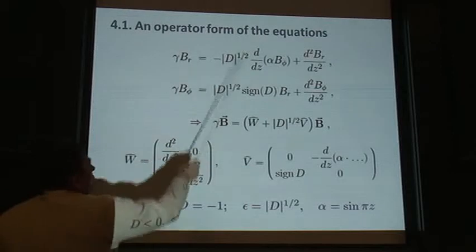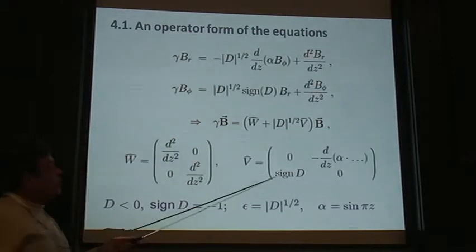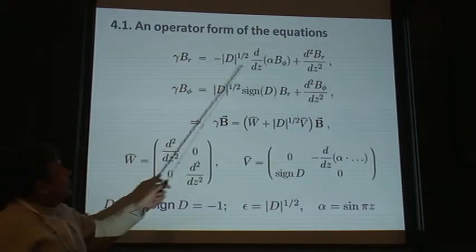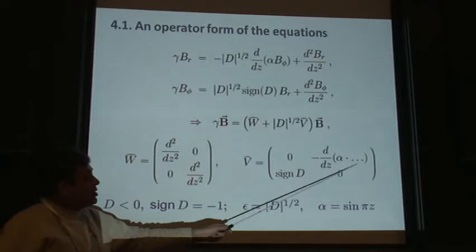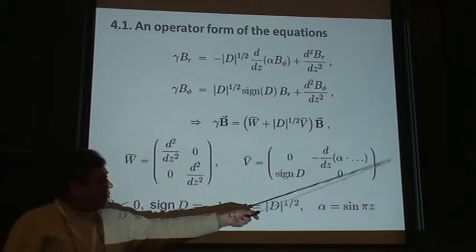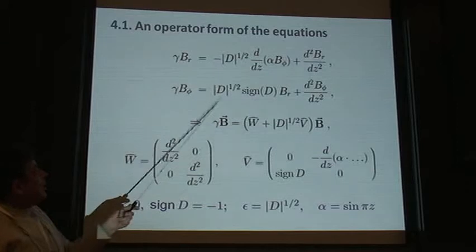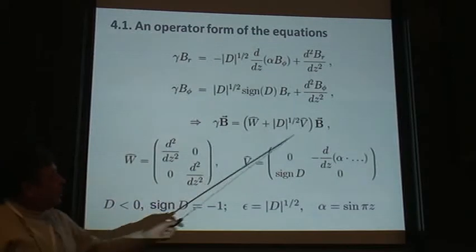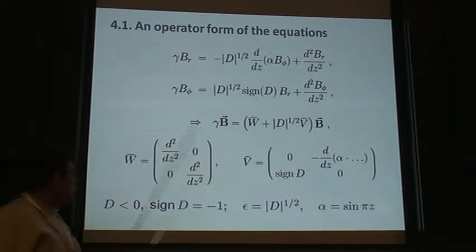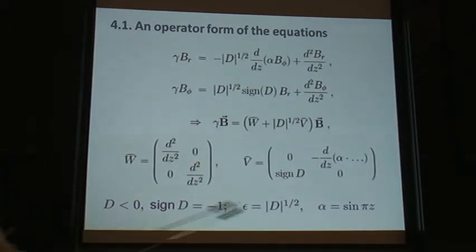Likewise, these two terms will combine into this matrix, this operator. These dots stand for whatever else I will have here on the right, this operator. And sine of d and root of d, this epsilon is here in this equation. Here I define this epsilon, finally.